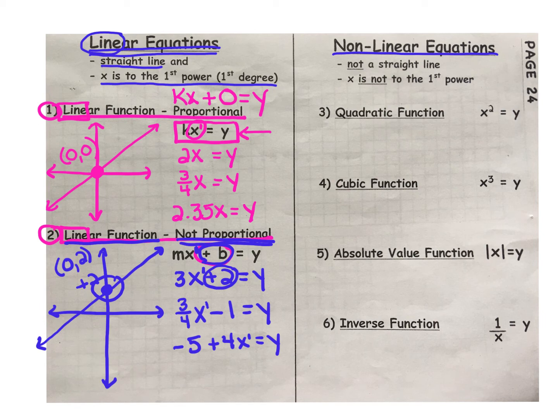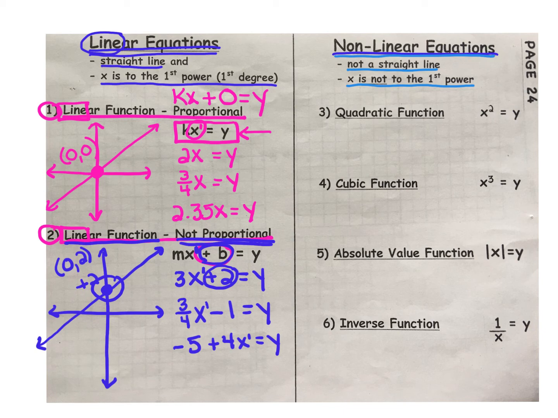Number 1 and number 2 represent linear equations. But let's take a look at some nonlinear examples. Nonlinear basically means that it's not a straight line and x is not to the first power.